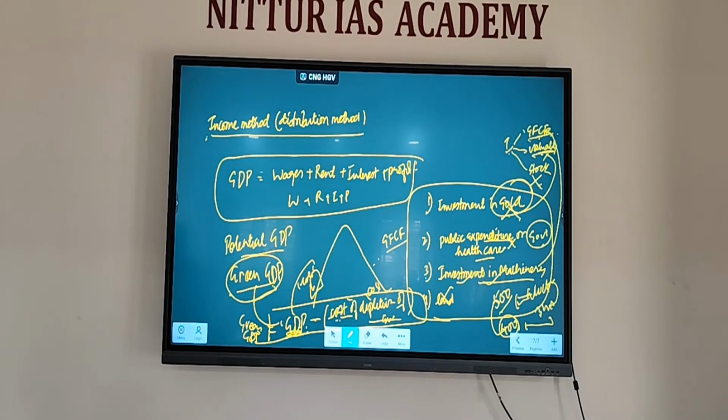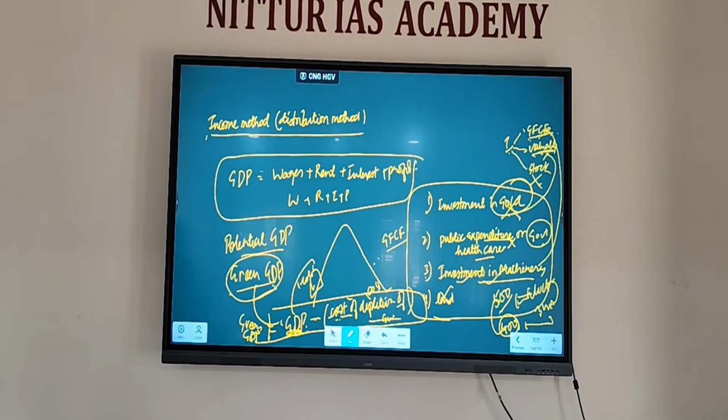How are we measuring GDP? What is the difference between GDP and GVA? That you have to keep in mind. If you want, you can also write a few points regarding GDP and GVA. Make two columns, one with regard to GDP, another with regard to GVA.